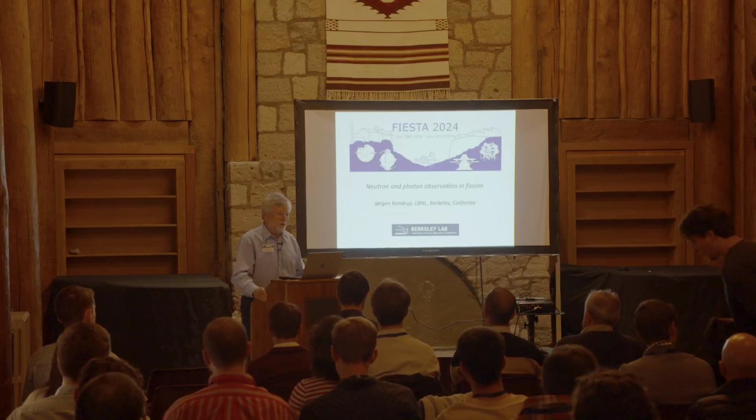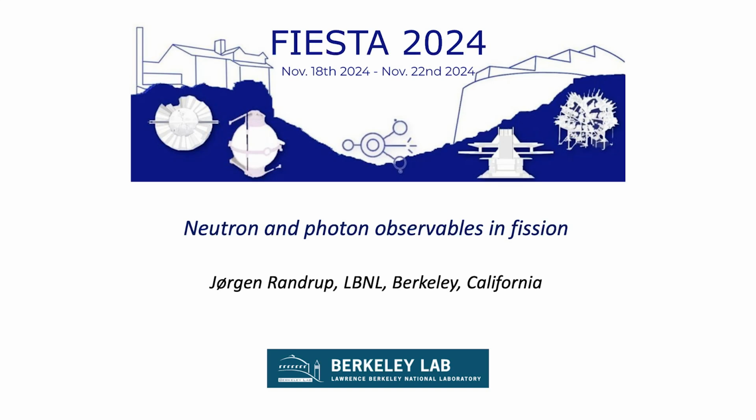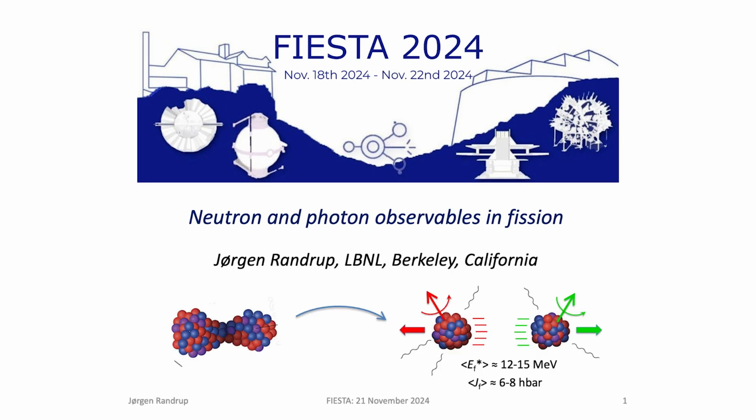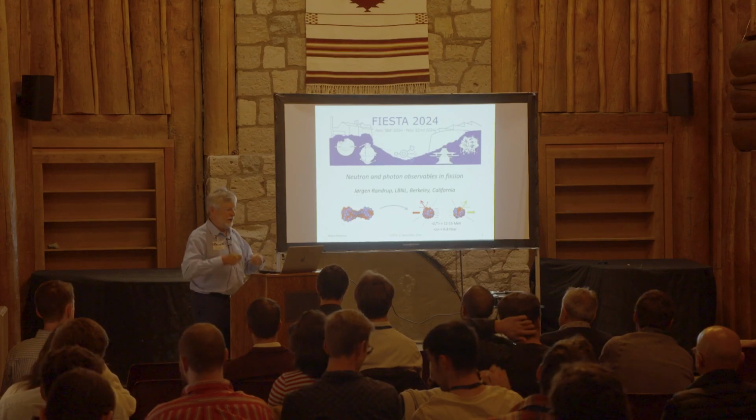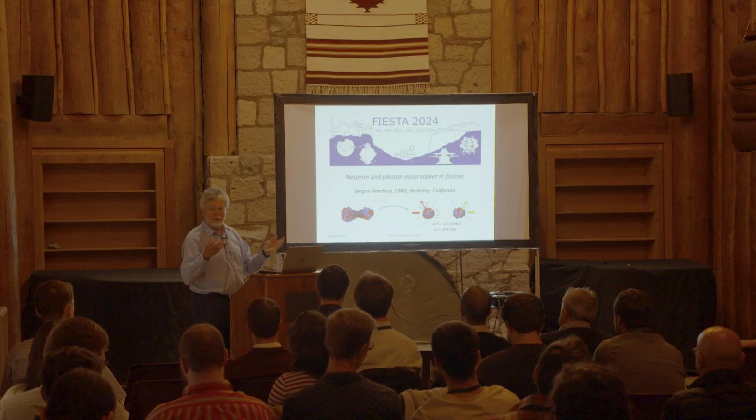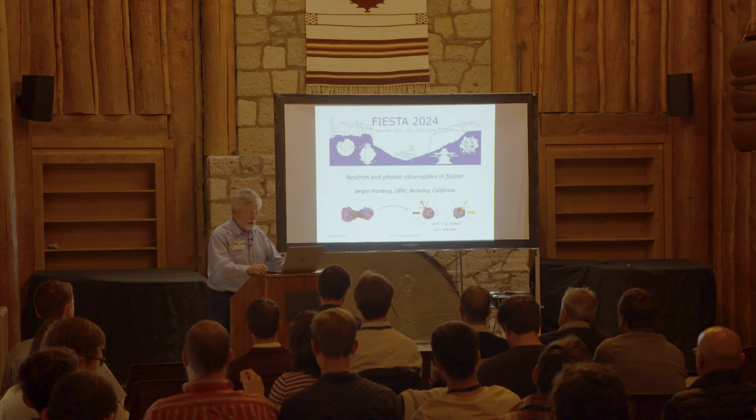I have been asked to speak about what neutrons and photons are good for, so to speak, observables that can help us learn something about fission. As you all know by now, in fission the nucleus splits in two. You get two excited fragments, they move apart due to the Coulomb repulsion, they have angular momentum, they have excitation, and they ultimately emit neutrons and photons, right?